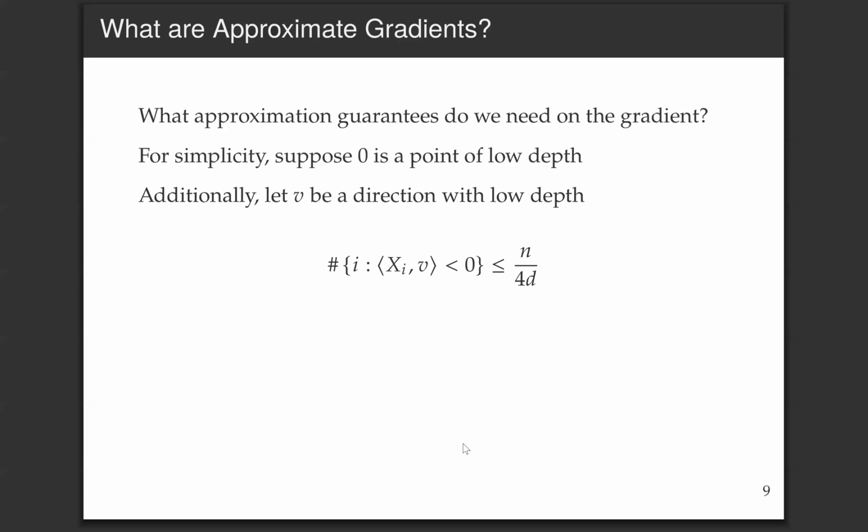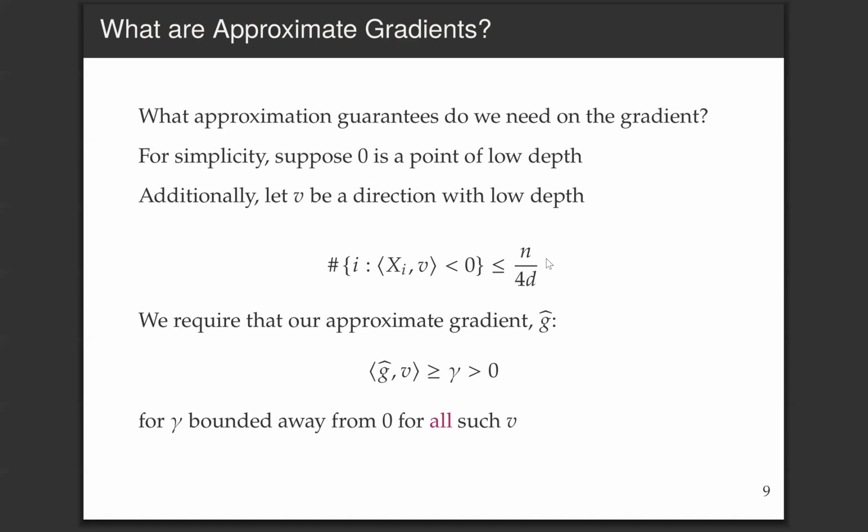So the origin is a point with low depth, and V is a direction which certifies that. That means that the number of points which are less than the origin when projected along V is at most n over 4d. So the depth is less than 1 over 4d along V.